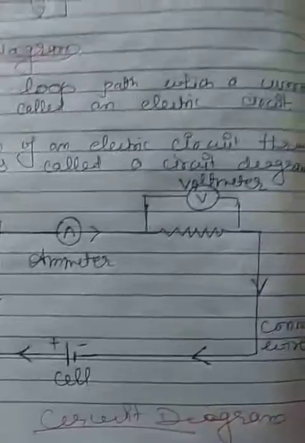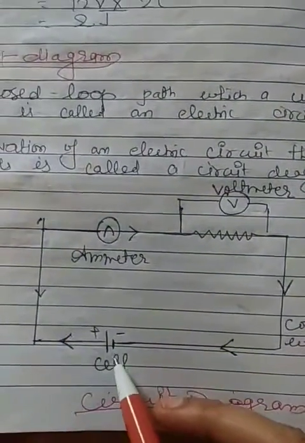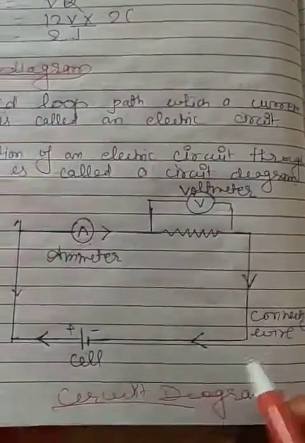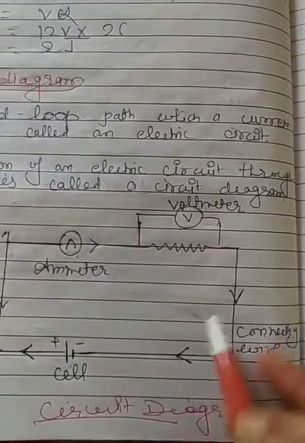Here you can see the circuit diagram: cell, ammeter, voltmeter, and connecting wires. This is the diagram of the circuit.